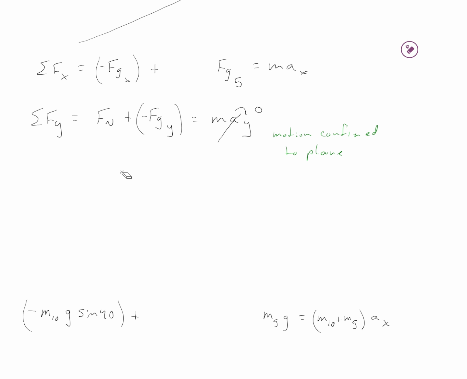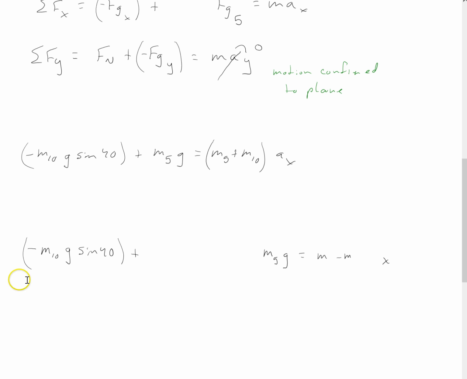There we go. Why don't I just write that nicer up here? Okay, didn't write it any nicer, but I'm going to write it more compactly anyway. There we go.